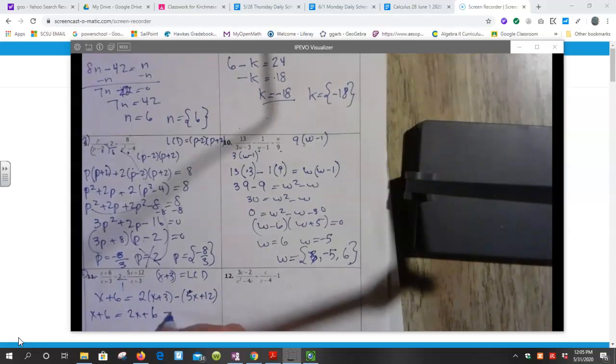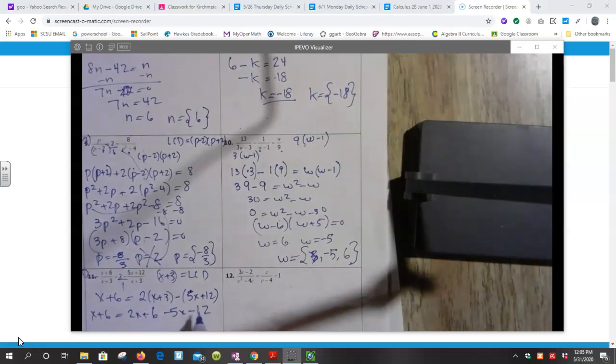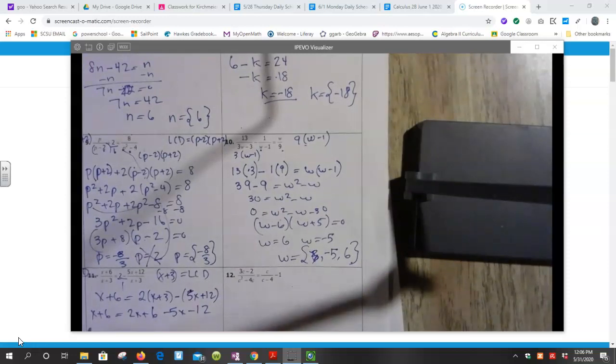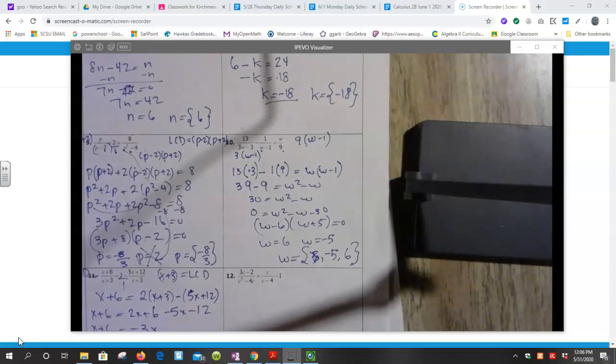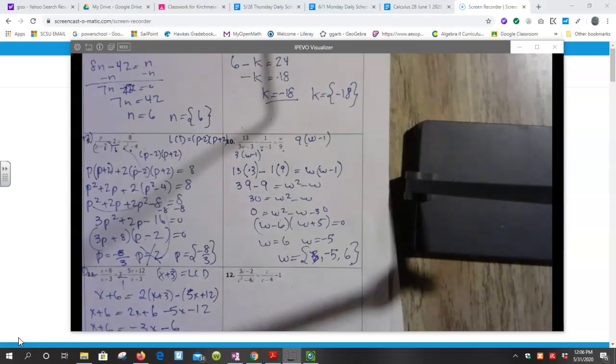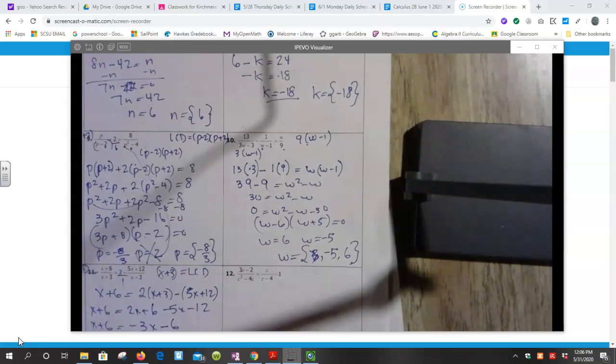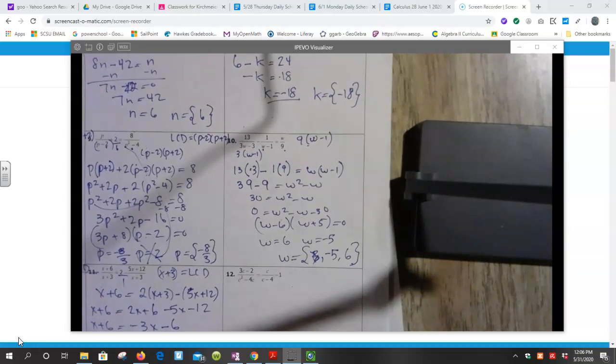Subtract, open up the parentheses, minus 5x minus 12. Now combine, so you have x plus 6 is equal to negative 3x minus 6. Now combine like terms, add 3x, right? Add 3x, yes.